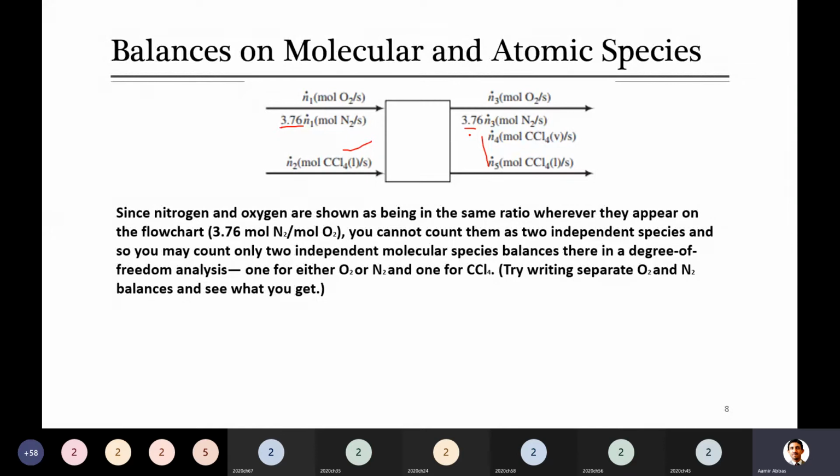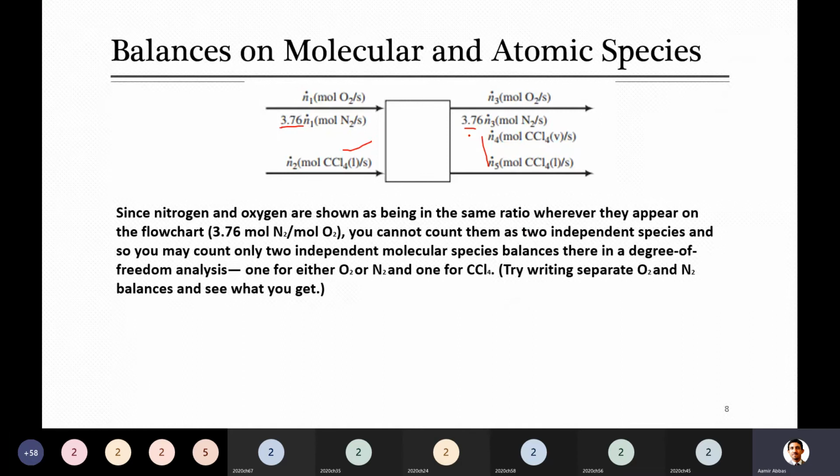It will be 2 multiplied by N1 at the inlet, equal to 2 multiplied by N3. I don't know the amount of N1 and N3, so I just multiply by 2, because 1 mole of N1 contains 2 moles of oxygen, O.